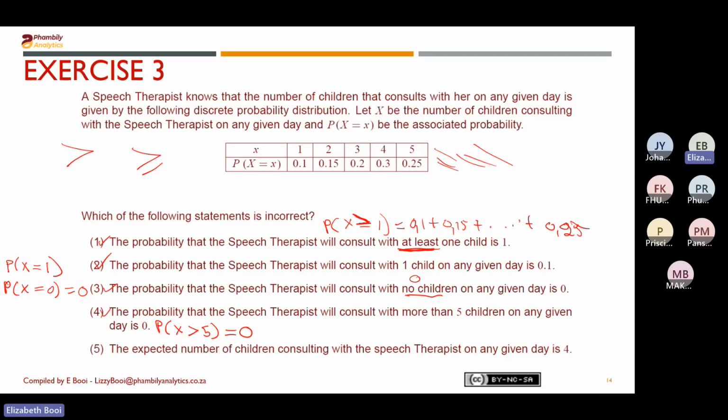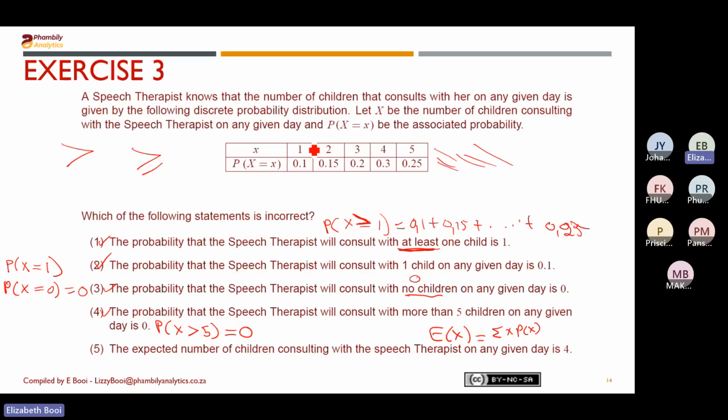So the last one, the expected number of children consulting with the therapist on any given day, it's 4. So what they are asking you is to calculate the mean. The sum of the values multiplied by their corresponding probabilities.